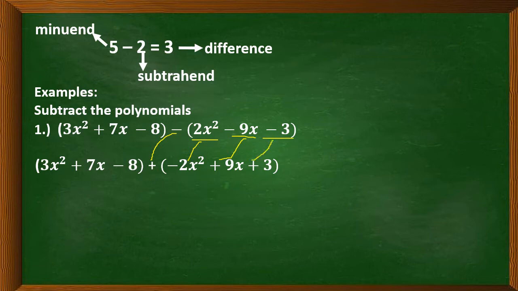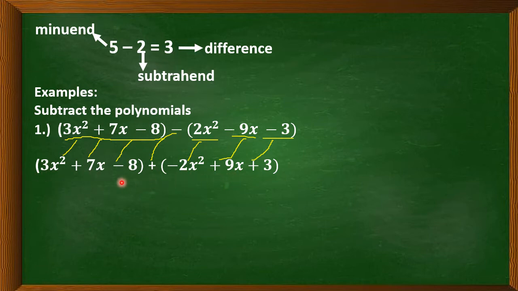Again, just copy the minuend, 3x squared plus 7x minus 8. Then the operation will be changed to addition, and the sign of every term in the subtrahend will be changed. If it is positive, it will become negative. If it is negative, then it will become positive.